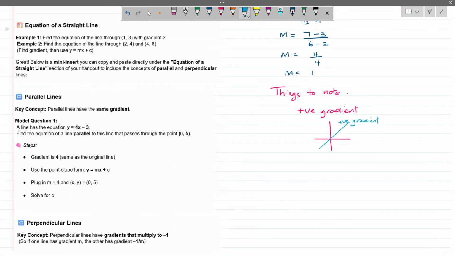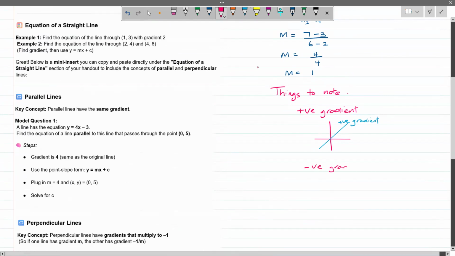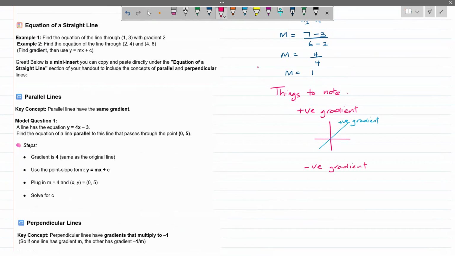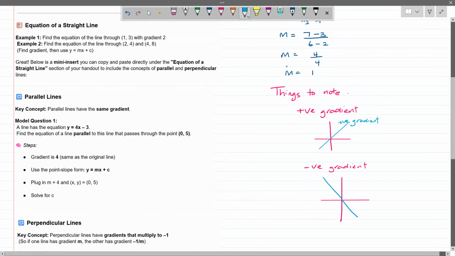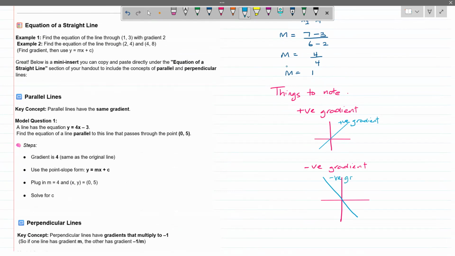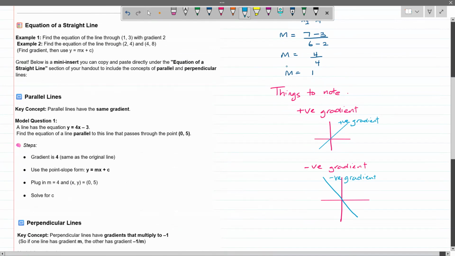A negative gradient would always give us a downward sloping line. So just by seeing the gradient, you will know whether the line is going to go from the bottom left to the top right or from the top left to the bottom right. Positive gradients always slope upwards, negative gradients always slope downwards.